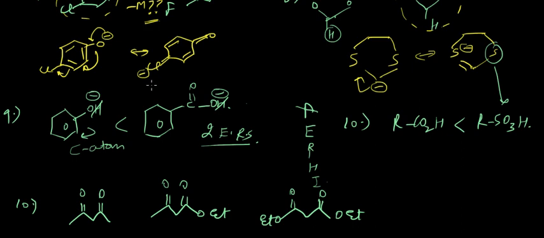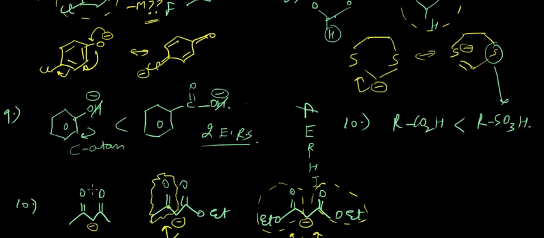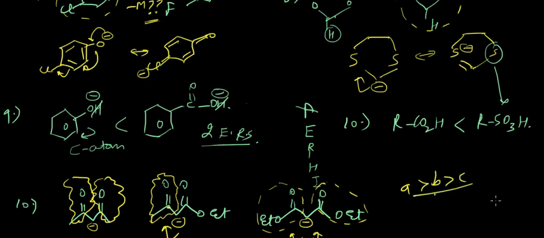So in this case, what would be the acidic strength? The negative charge would remain here itself, so it won't be delocalized into this or this. While in this case, it at least has a delocalization option with this ketone group, and in this case it has a delocalization option with these two ketone groups. So the order is A greater than B greater than C in acidic strength.